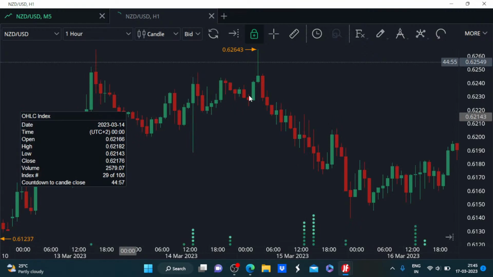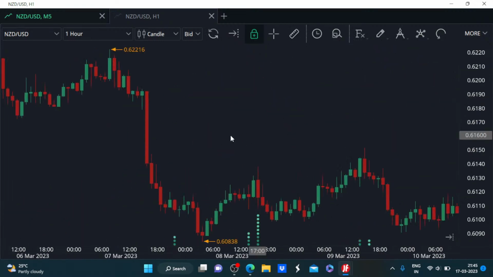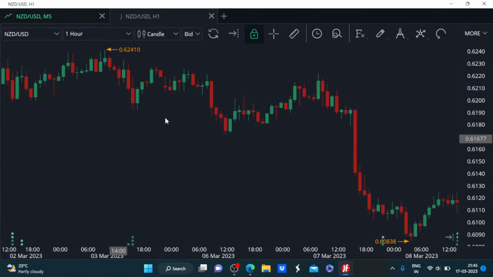Let us see when that pattern has formed on the chart in recent history. It apparently hasn't really formed in recent times, it seems.